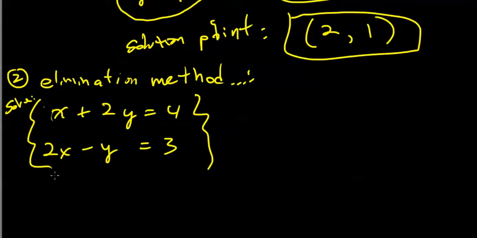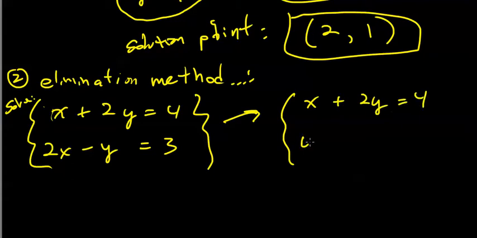I notice if I multiply the second equation by 2, I will get a cancellation of the y variable if I add those two equations. So what I'm going to do, I'm going to label these equations 1 and 2.